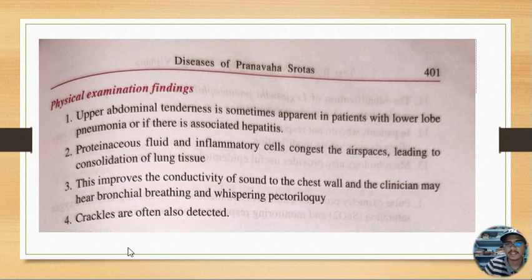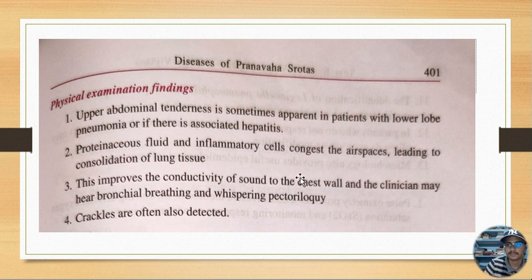Now, what are the physical examination findings in pneumonia? First, upper abdominal tenderness is sometimes apparent in patients with lower lobe pneumonia, or if there is associated hepatitis. Proteinaceous fluid and inflammatory cells congest the air spaces, leading to consolidation of the lungs.